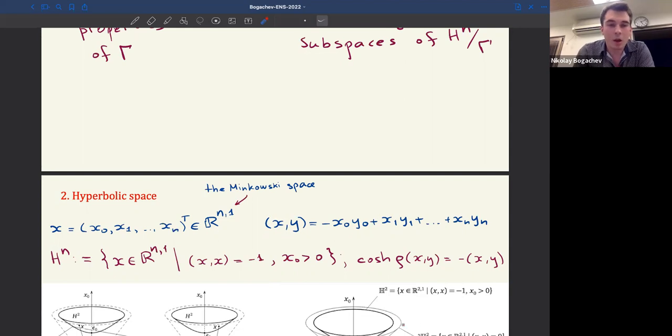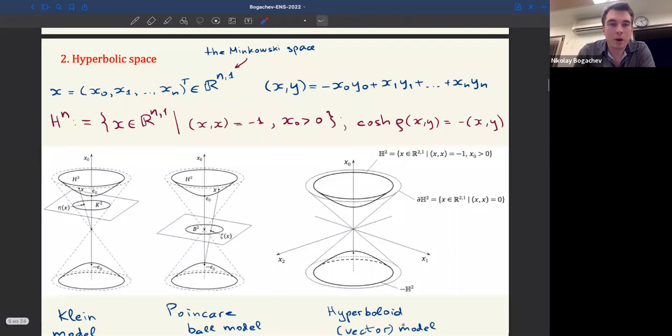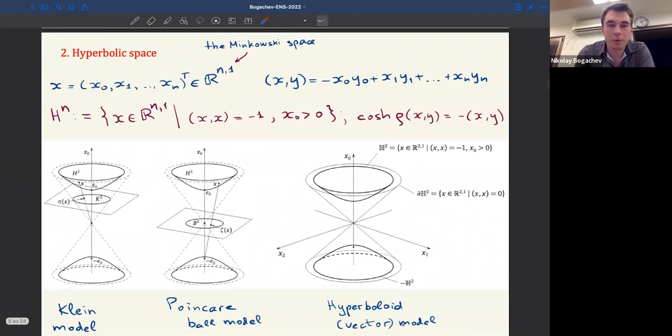I think that probably all of the audience is familiar with the definitions of hyperbolic space, but I still will give some definitions which we actually use. We can consider hyperbolic space in the vector model.